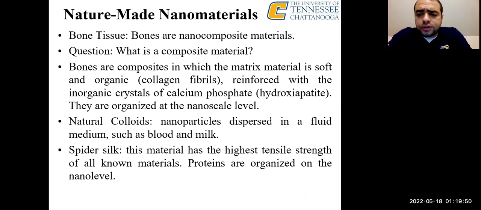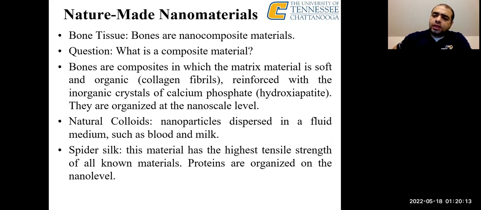So bones are composites in which the matrix material is soft and organic. This is the collagen fibrils, reinforced with inorganic crystals of calcium phosphate or hydroxyapatite. Of course, this interaction is done at the nano level, and therefore it is a nanomaterial.